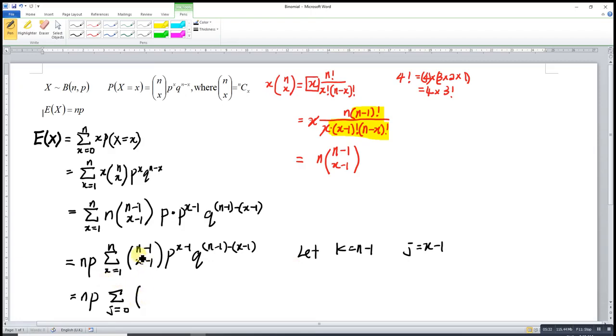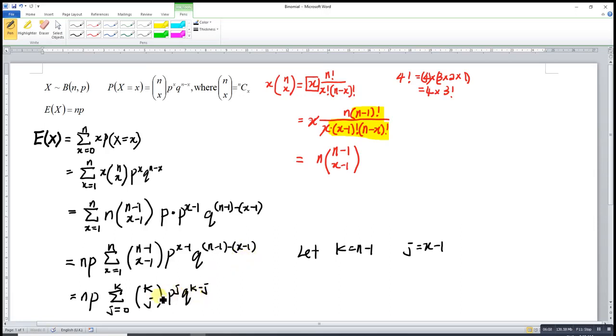If n minus 1 is equal to k, it means that the maximum number that a binomial can take is k, so we put k here. Although n is equal to k plus 1, the binomial with k plus 1 is undefined, so we put k here. Then x minus 1 is j. So we have k choose j, p to the j, q to the k minus j.